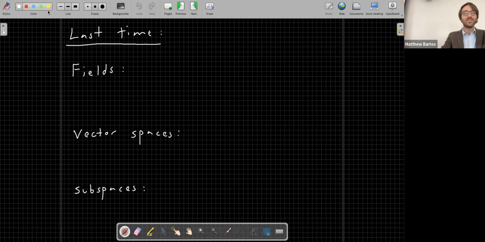Yeah. So that's probably the most familiar example of a field: the real numbers with conventional addition and conventional multiplication. Okay. So in your own words, what are fields? What is it a field of, or what did we call it a field of?